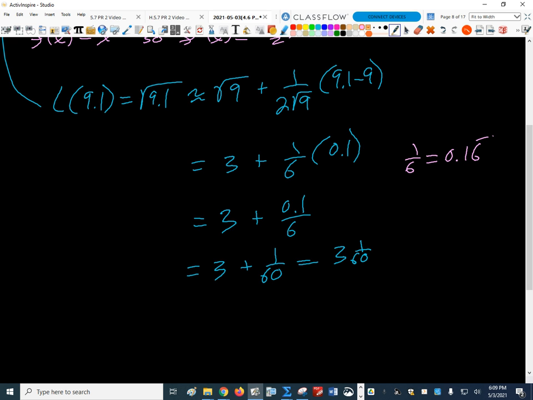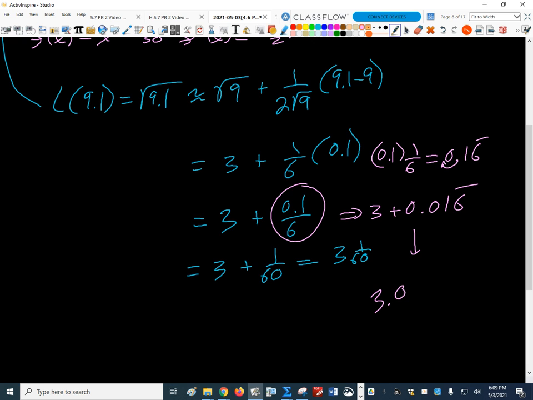Times 0.1, what's that going to do? If I multiply that by 0.1, I'm just moving the decimal over one place to the left. And so this term ends up giving us 3 plus 0.016 repeating. Well, that's just 3.016 repeating.